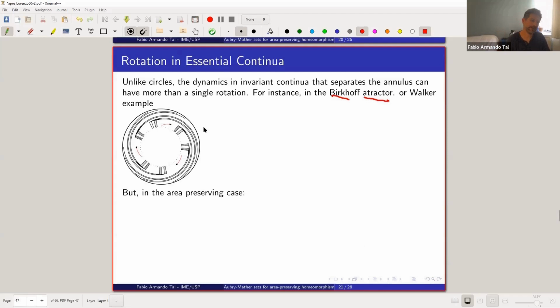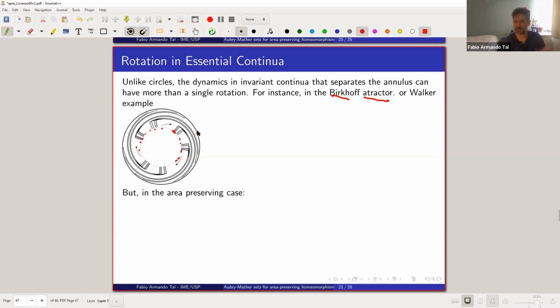Or you can have this sort of Walker example, where the dynamics in here is just an irrational rotation on the boundary of this thing. This is a Cantor set, you're just rotating like a Cantor set, but they wrap around this circle in such a way that when you look at the dynamics in this circle, then every point is fixed.